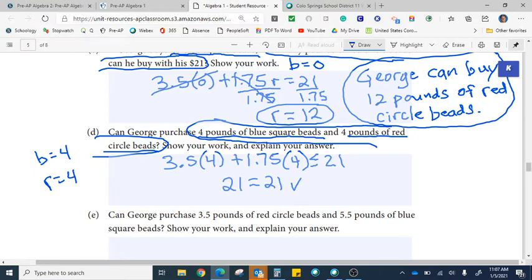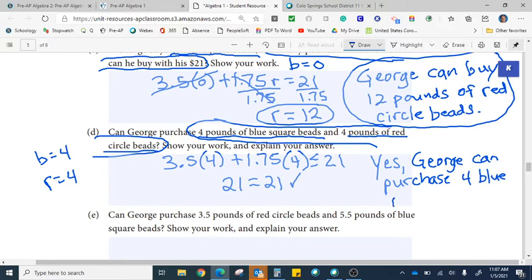So the answer is yes. George can buy 4 and 4. All right, so I'm going to write there, yes, George can purchase 4 blue and 4 red.